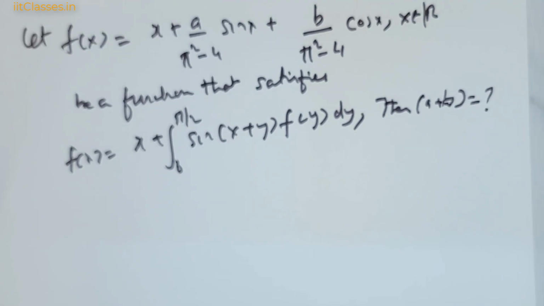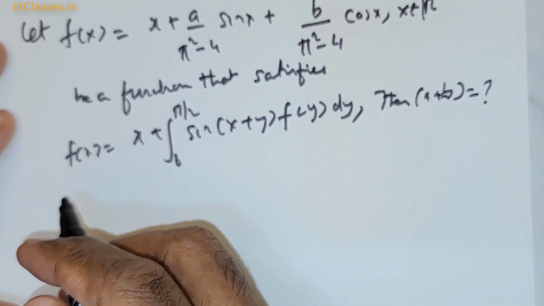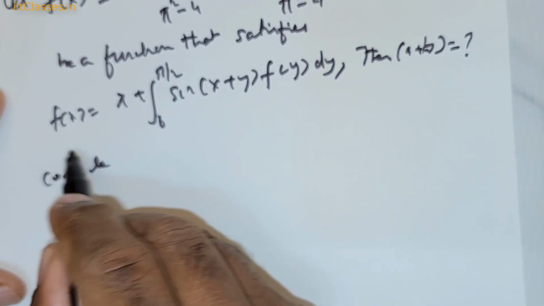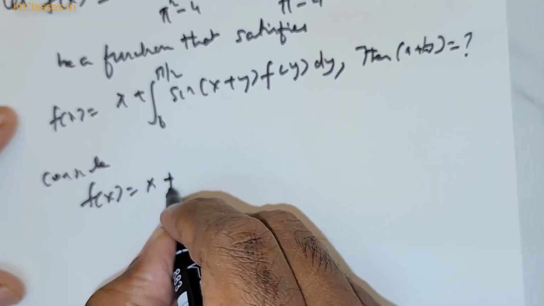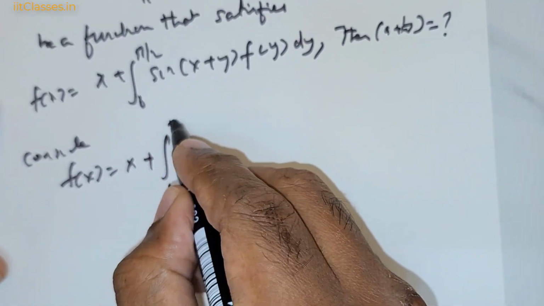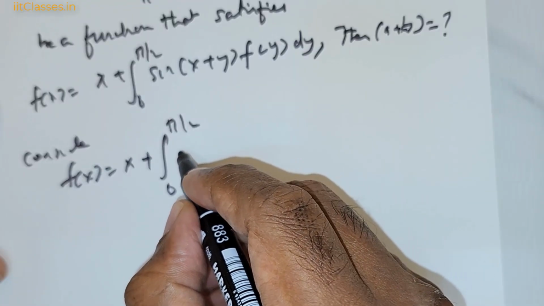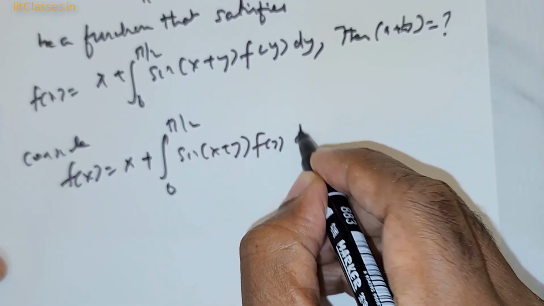Okay, so having known this question, foremost I will first consider f of x is equal to x plus the integral from 0 to pi over 2 of sin of (x plus y) times f of y dy.